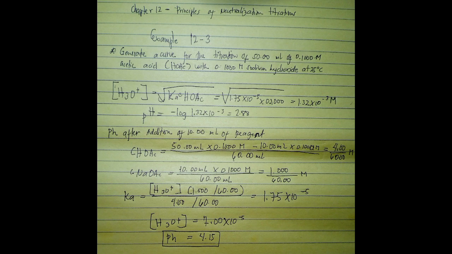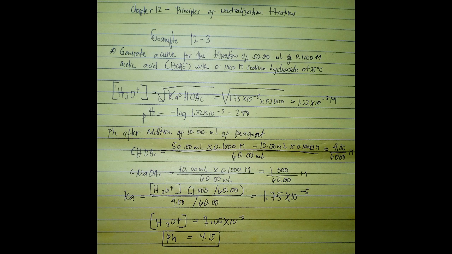Now for the 10 ml volume, substitute the concentration of acetic acid into the dissociation constant expression of acetic acid and obtain. So here we look for the constant.